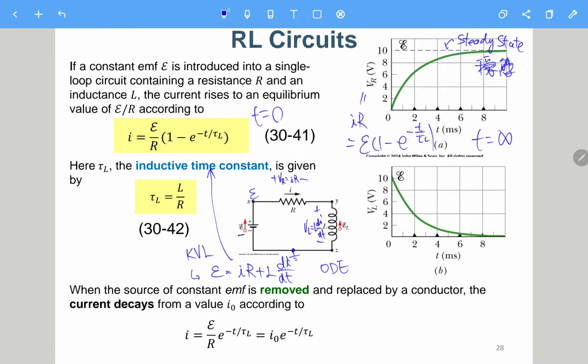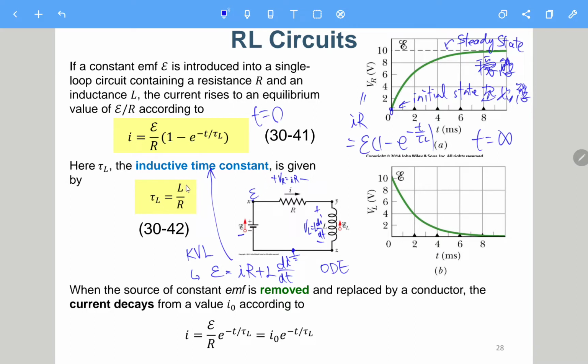And this is called the initial state, 起始态. So this tau L determines how fast it will go from the initial state to the steady state.